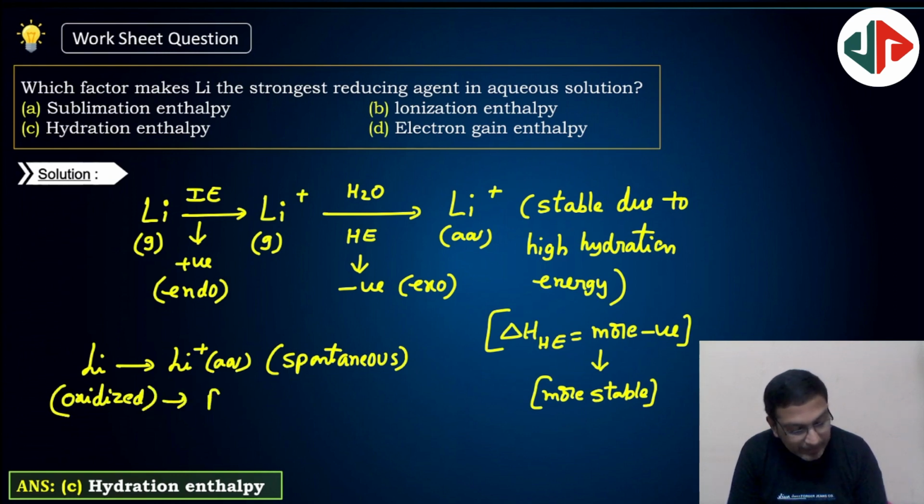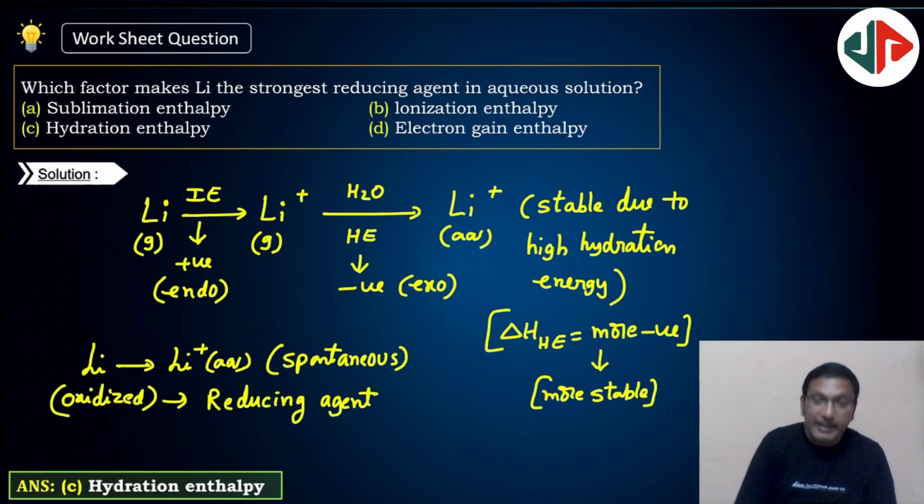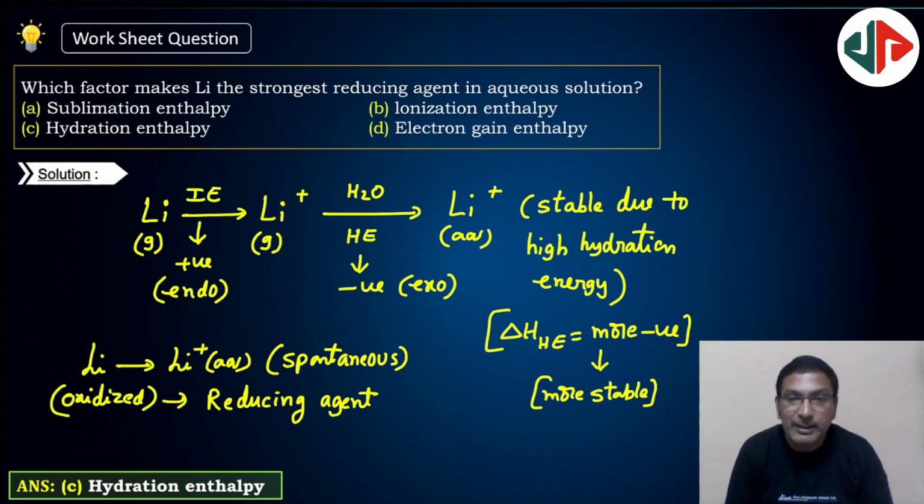Therefore, Li acts as reducing agent. So due to high hydration energy, that means more negative value of hydration energy, lithium is easily oxidized. Therefore, it acts as powerful reducing agent. Options. Here dominating factor is hydration energy. Next.